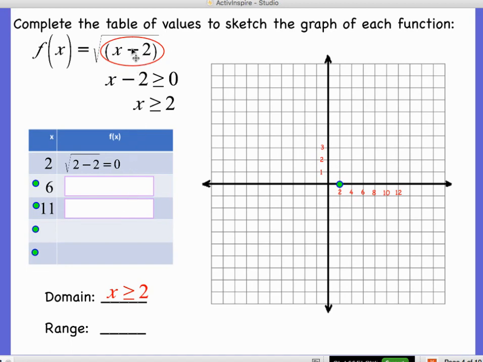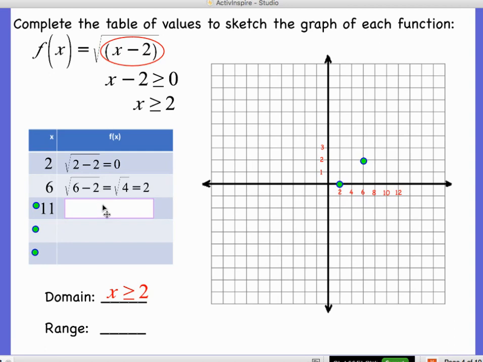Well, what value must we have here for x in order to get the square root of 4? That has to be 6, because 6 minus 2 is 4. So the square root of 4 is going to be 2. But that happens when x is equal to 6. So now I am shifting this graph over to the right-hand side.